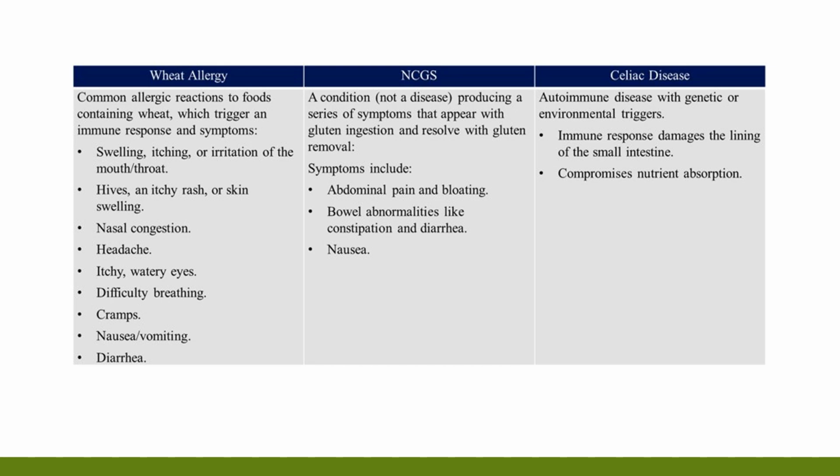Now, some people, usually children, not so much adults, have a legitimate wheat allergy. Fortunately, a lot of children grow out of this. And if they were to eat anything that was related to wheat, so a product manufactured from wheat that had gluten in it, they might develop some of these allergic reactions. But fortunately, as I said, that's limited more to children rather than adults.